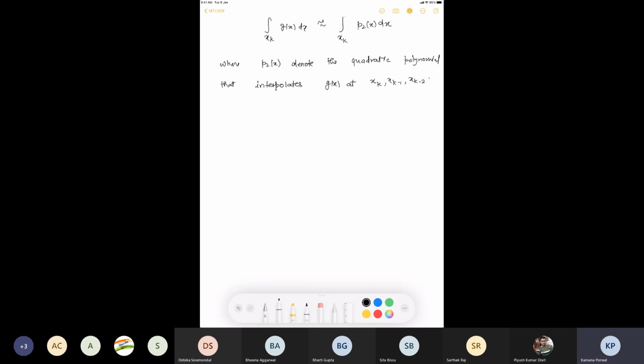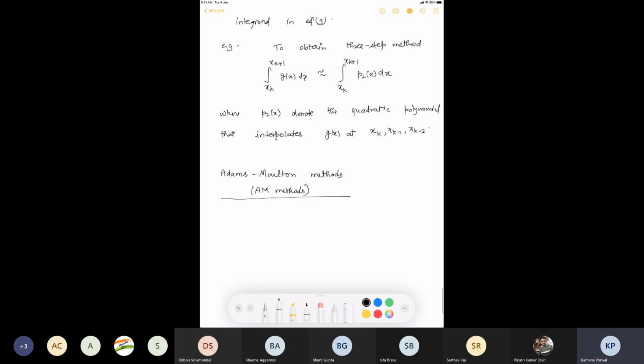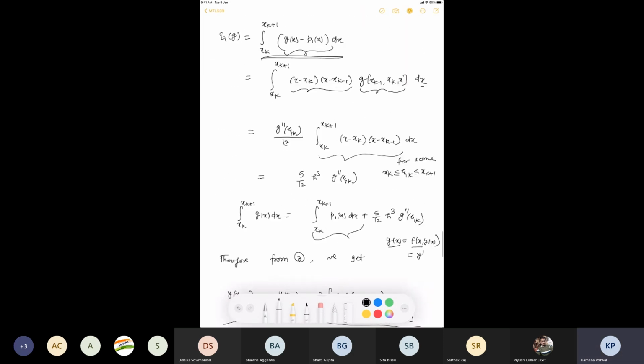Now let's go to another class of methods, which is called Adams-Moulton methods, abbreviated as AM methods. Okay, so the underlying idea remains the same.